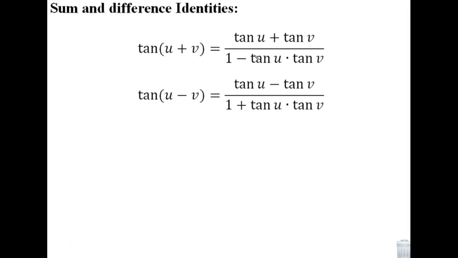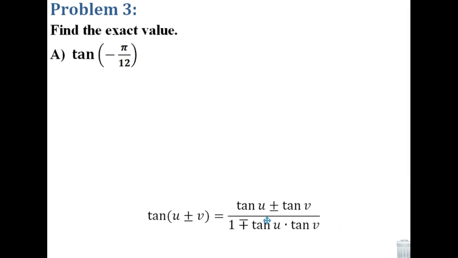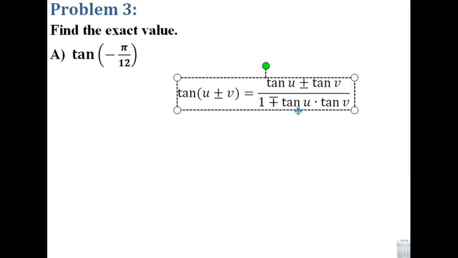So really the only difference is where these positive and negative symbols fall. And just like we did with our sine and cosine identities, I can combine both the sum and difference into a single equation. We could say tangent of u plus or minus v equals tangent u plus or minus tangent v, plus or minus because this sign will stay the same, over 1 minus plus, so my sign is going to flip, tangent u times tangent v.